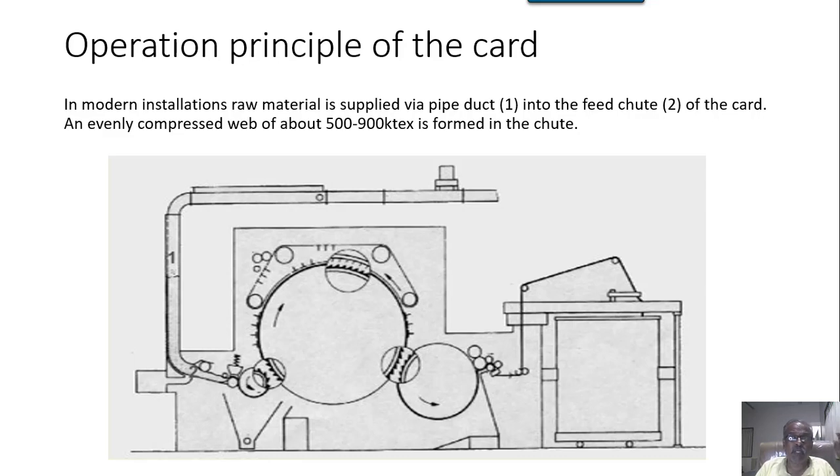Actually, the principle is derived from that consideration: to sense how much material is coming at a given instance, and accordingly either increase or decrease the feed speed.